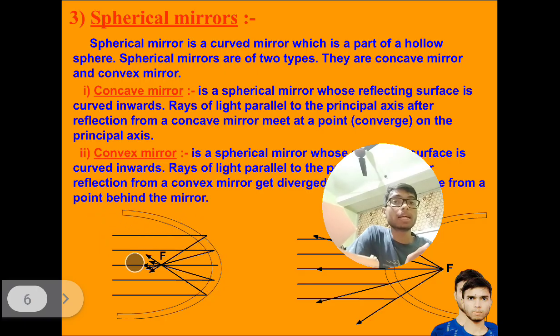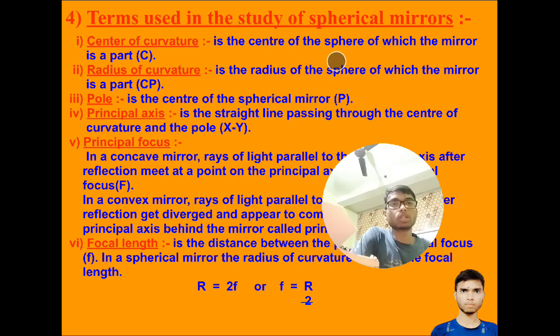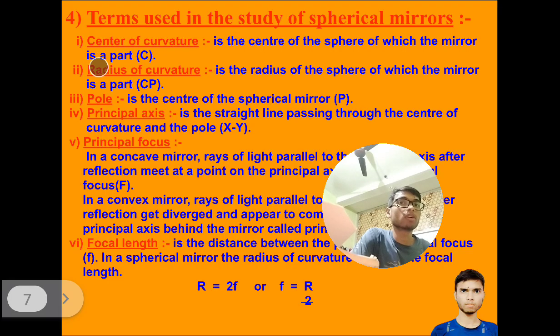That's why we take a center here, and from here till here it will be the radius of curvature. It is the center of the sphere, not of the concave mirror, of which the mirror is a part. So we will represent the center of curvature as C.